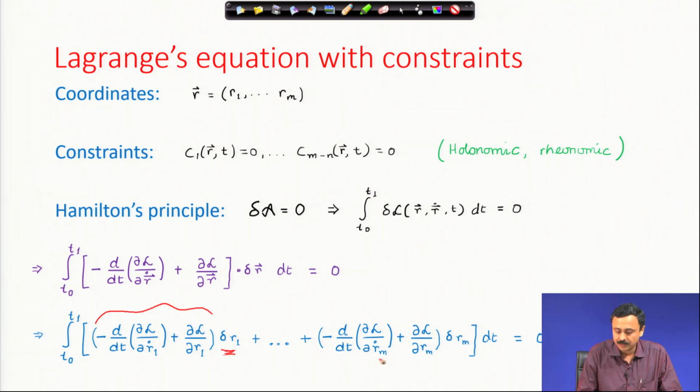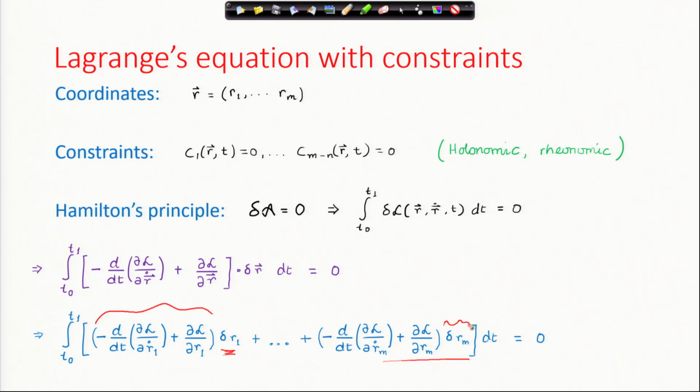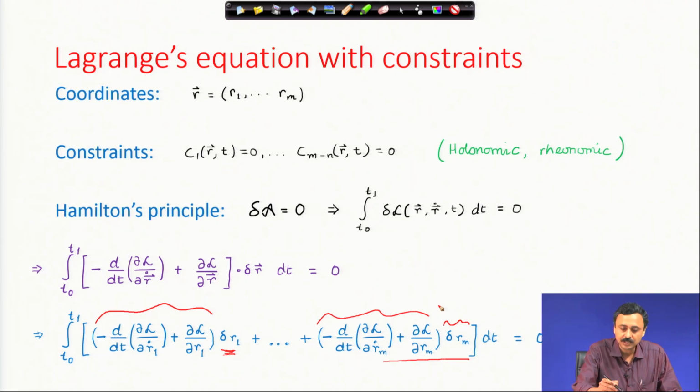And similarly, this is the mth physical coordinate, the variation in the mth physical coordinate, and this is the coefficient. Now, this delta r1, delta r2, delta rm, these are not independent because of the constraints that we have.